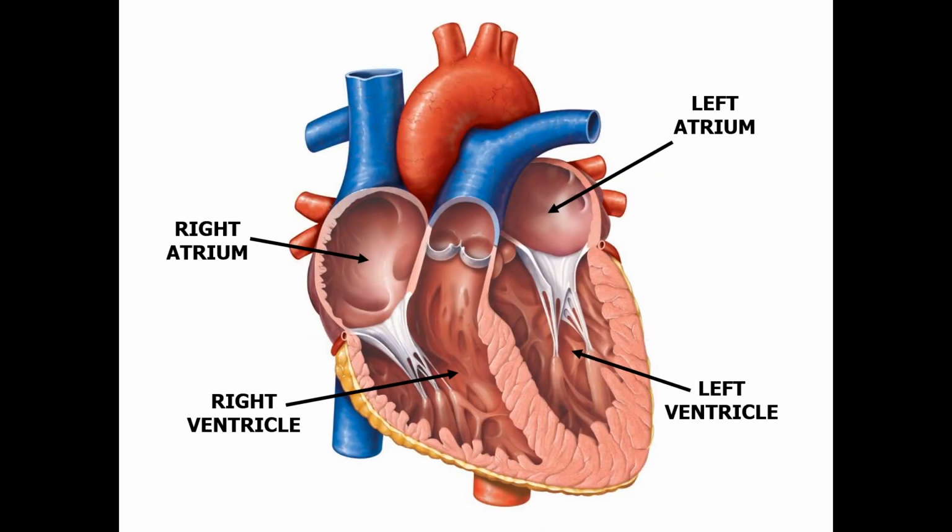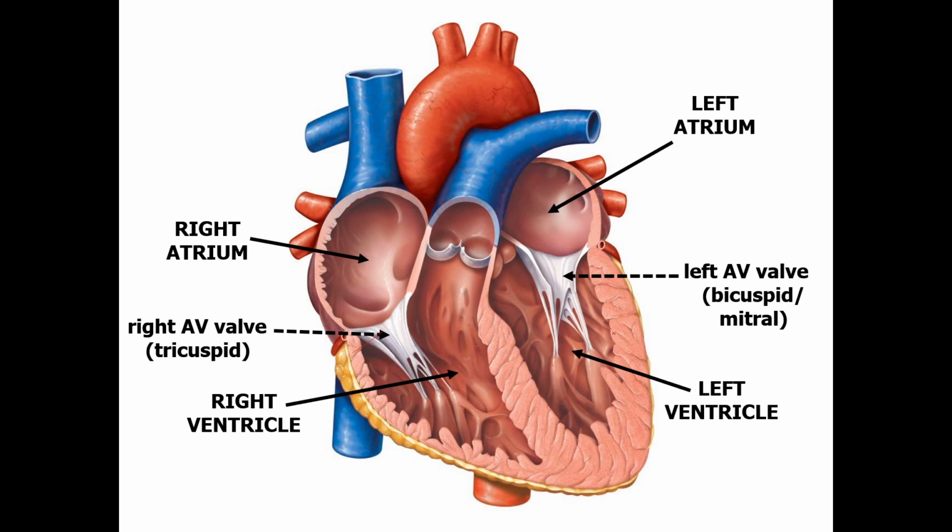So here's a more realistic portrayal of the heart with these four chambers listed. Now let's talk about these flaps. So you can see there are these flaps here that divide. One of them divides the right atrium from the right ventricle. The other one divides the left atrium from the left ventricle. These are referred to as the AV, atrioventricular.